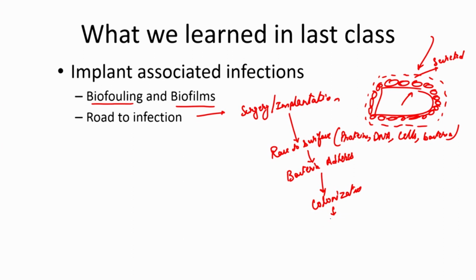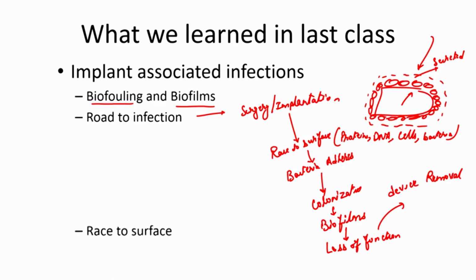So, colonization followed by biofilms, and then at that point there is really not much you can do. The device loses function, and device removal will need to happen. So, this is essentially the road to infection.